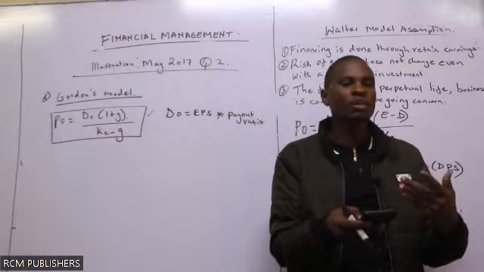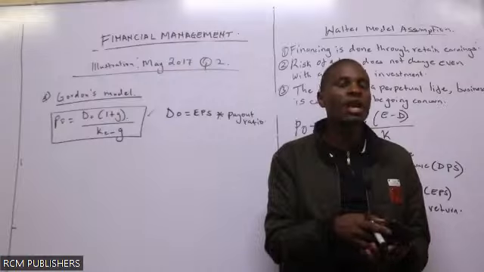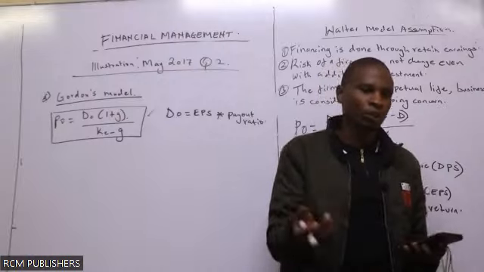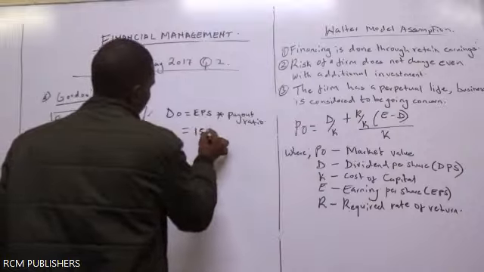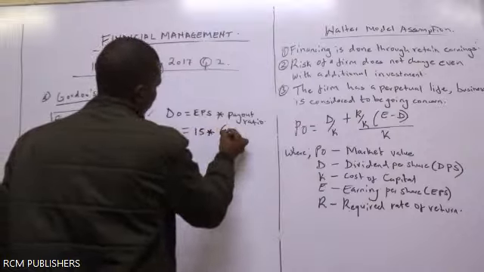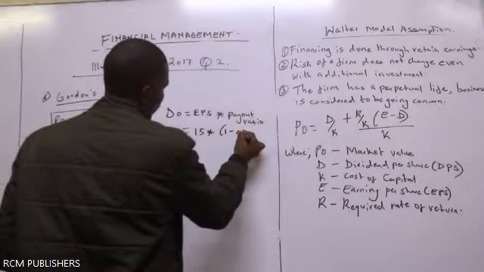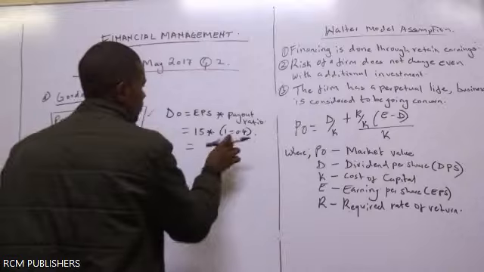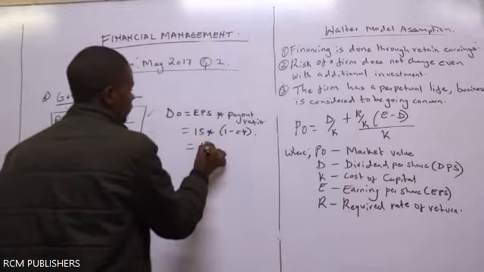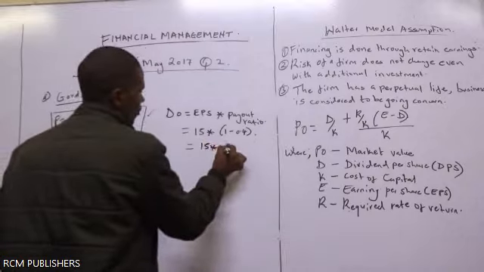The payout ratio is the remaining portion. That is, EPS is 15, times 1 minus 0.4. So D0 is 15 times 0.6.